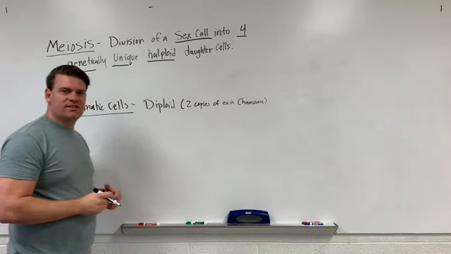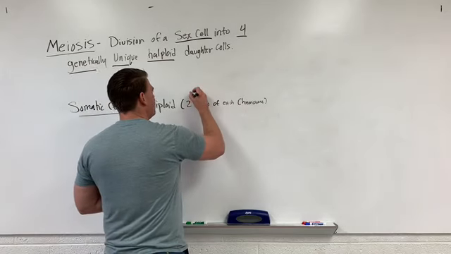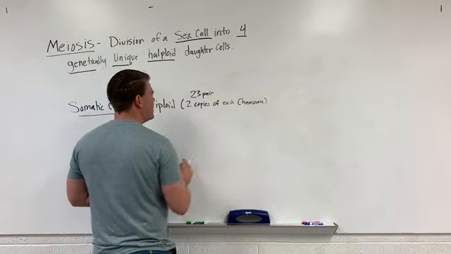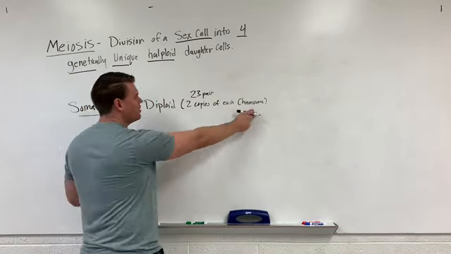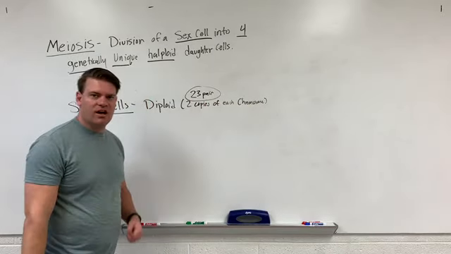And this made sense because we said in our cells we had 23 paired chromosomes, right? 23 paired. And so we're saying we're diploid because we have two copies of each of our chromosomes. That's what that 23 paired is, two copies of each of those chromosomes.